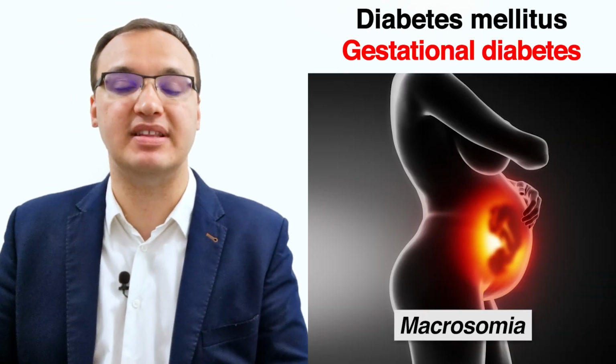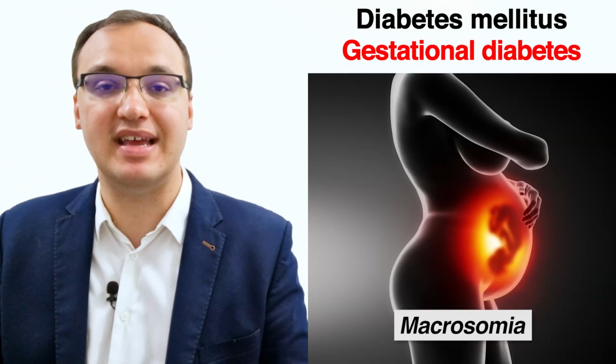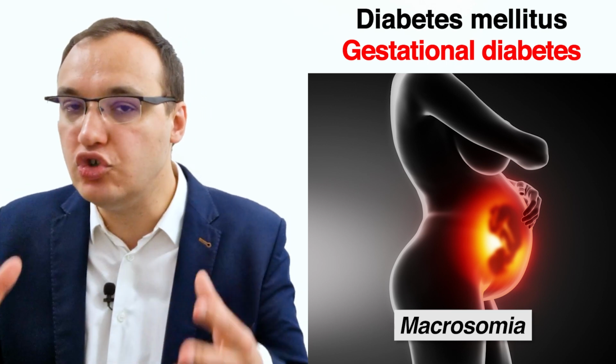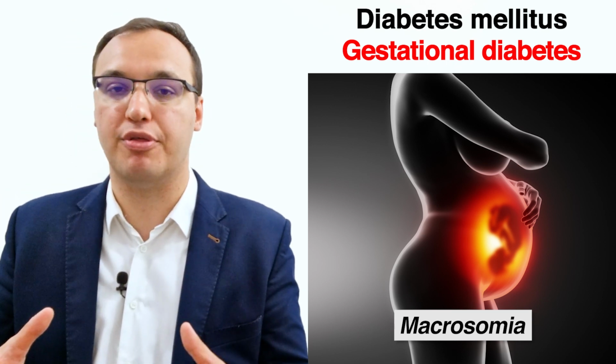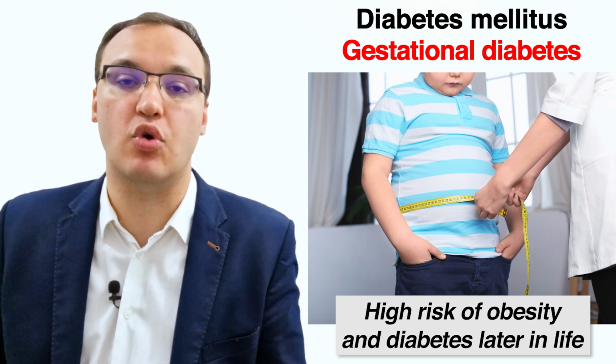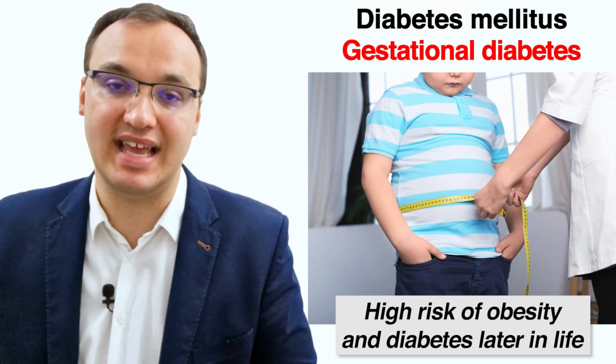And gestational diabetes is often riskier for the baby than for the mother. The effects on the baby can include an unusual weight gain before birth called macrosomia, trouble breathing at birth called asphyxia, or an additional high risk of obesity and diabetes later in life.